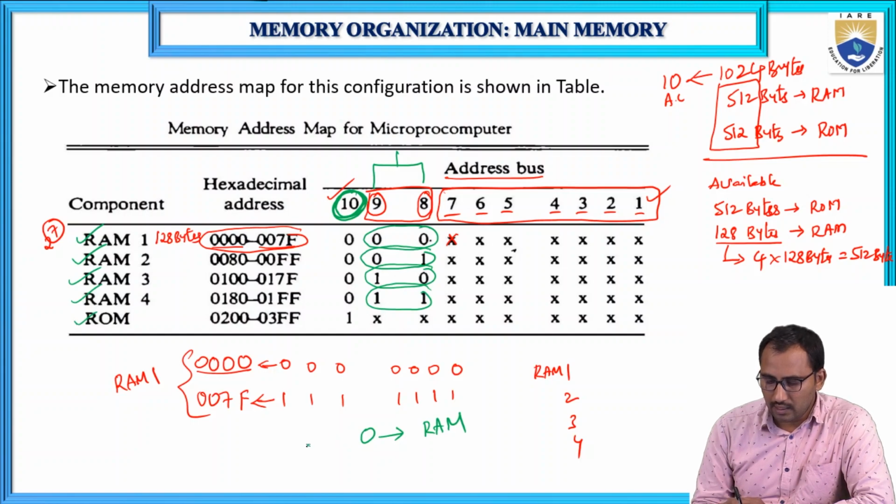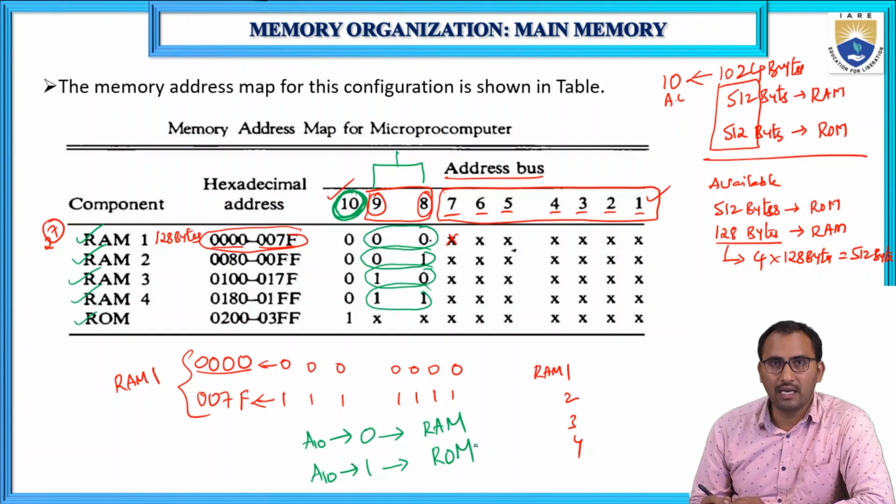If the 10th address line is equal to 1, then it will be ROM. So in this way we are differentiating the RAM memory chip and the ROM memory chip. So this is an address map for the microcomputer.